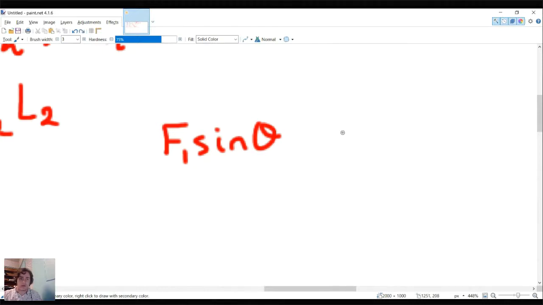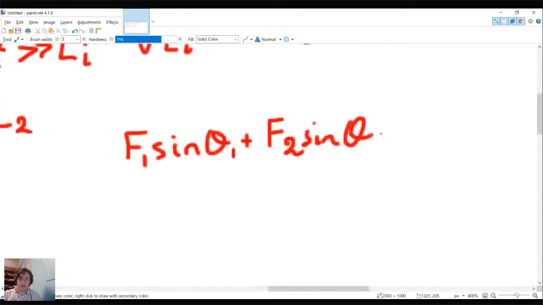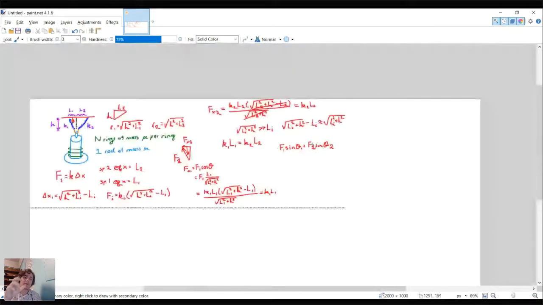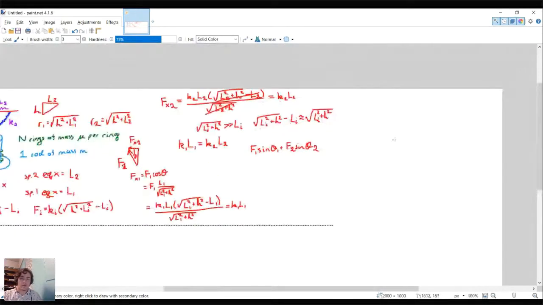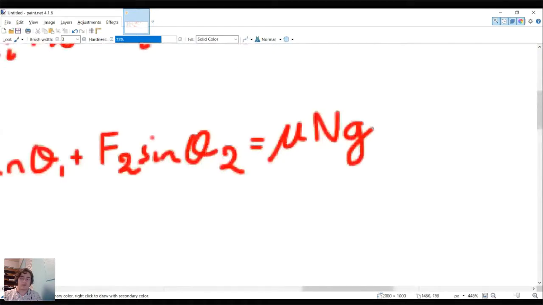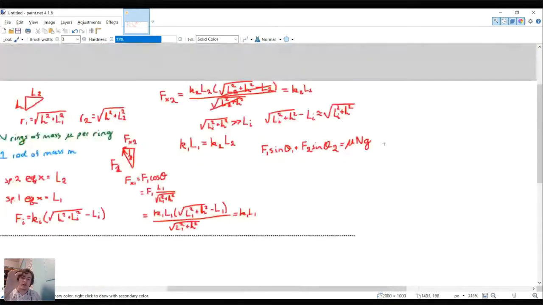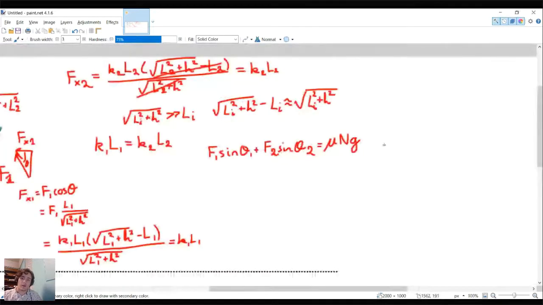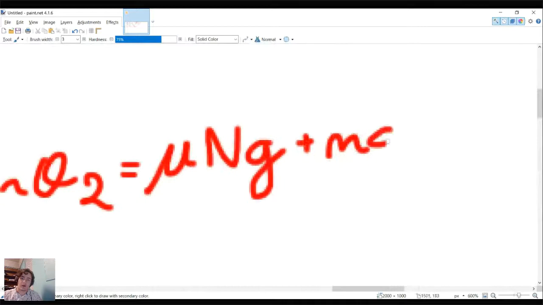Well, actually, we'll say sine theta 1 just to be explicit, plus F2 sine theta 2. And we have to think of the gravity force here. We have n rings of mass mu per ring, so the total mass is mu times n. So this is mu n times the acceleration of gravity g, because now you have the mass of all the rings together. And then you also have the mass of the rod times g.